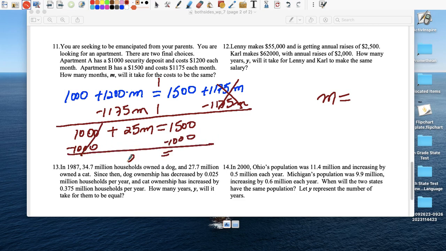That goes away. I'm left with 25m equals 500. Now divide this by 25. M equals 20. So in 20 months, or a year and 8 months, the cost will be the same.